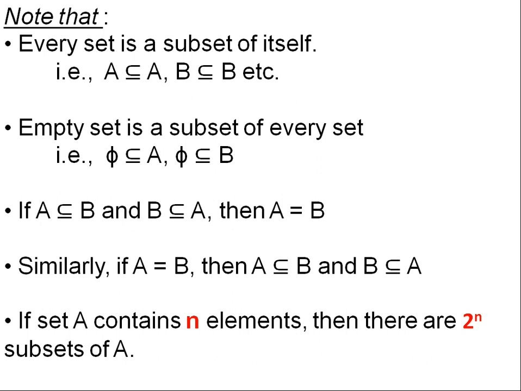In order to get the count of the number of subsets possible for a given set, it is given by 2 to the power the cardinal number of the given set. I believe you will be able to remember it. Moving on to the next topic, that is proper subset.